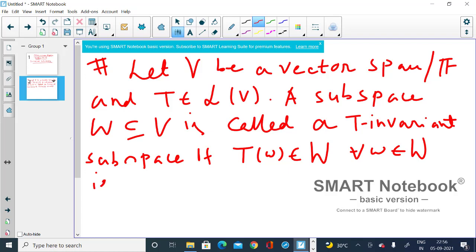That is, the image of capital W under T is actually inside capital W. Then we call W a T-invariant subspace.